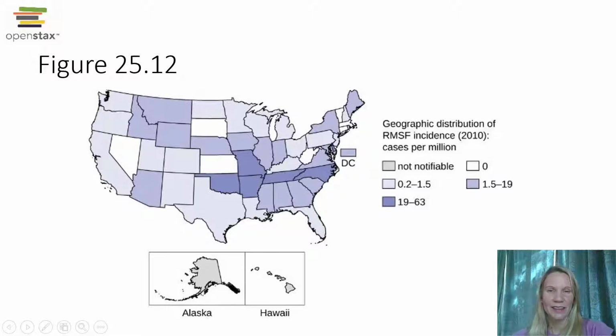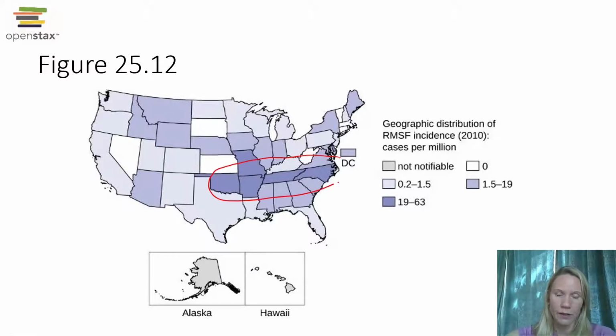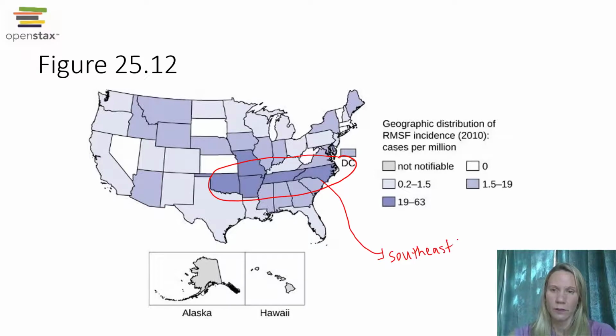But when we look at areas of the United States that are endemic, remember that means commonly associated, these are the areas here, the geographical locations. So more of the southeastern states. So southeastern U.S. is associated with Rocky Mountain Spotted Fever cases, another tick-borne illness caused by a bacteria.